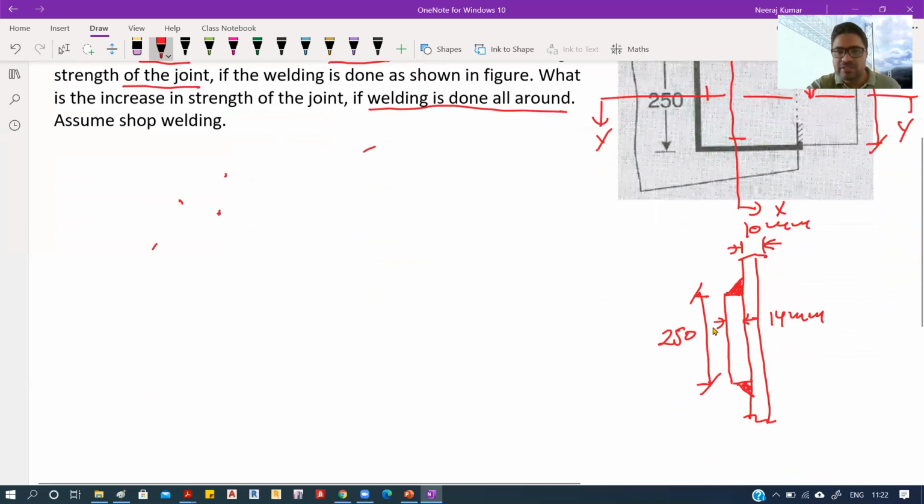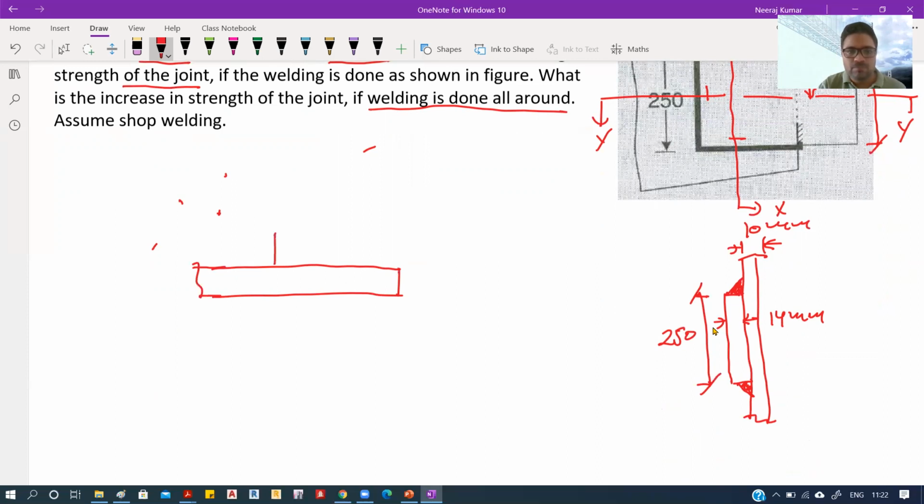I'm again showing that. So it will look like this. And on this side, there is a fillet weld, but on this side you can see there is no fillet weld.